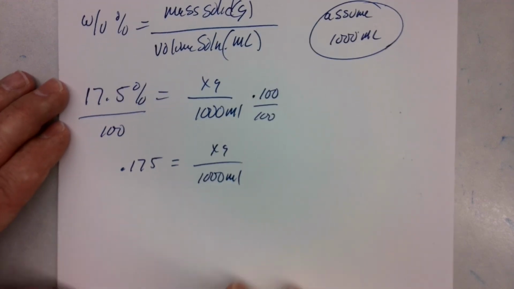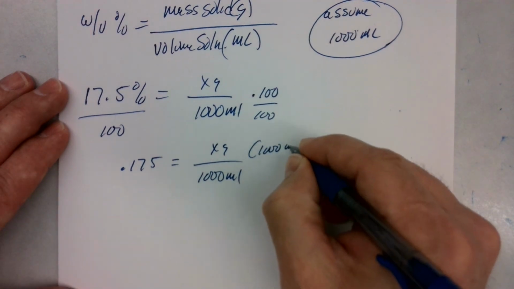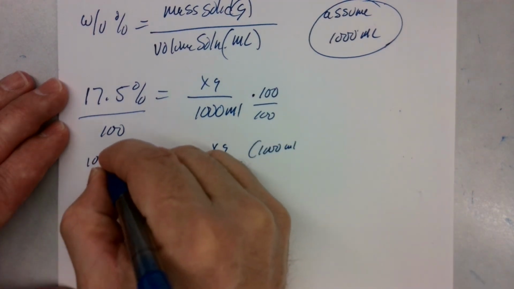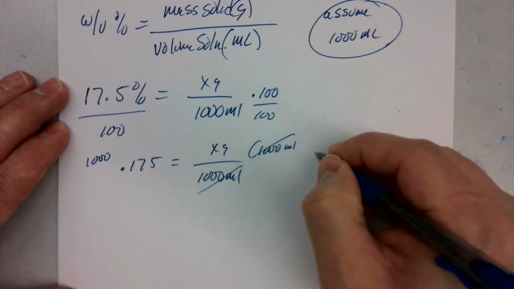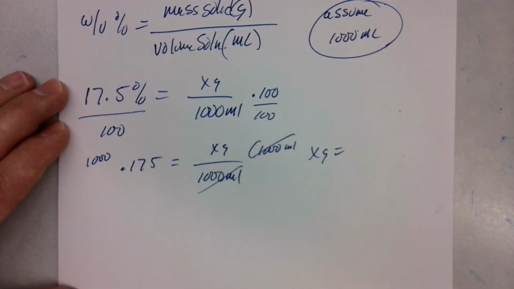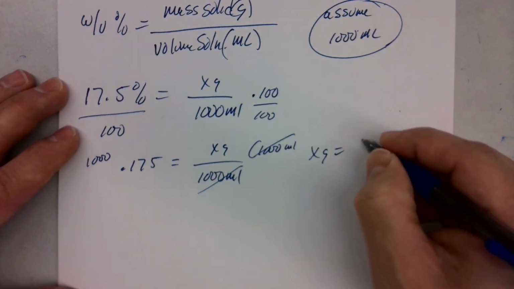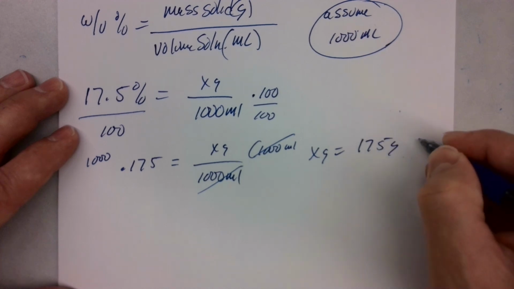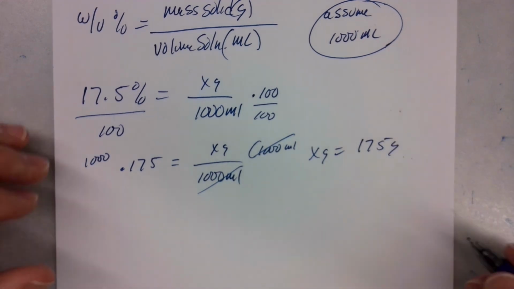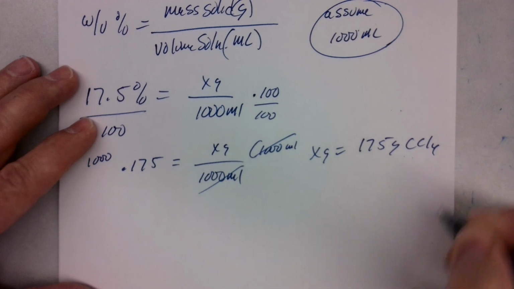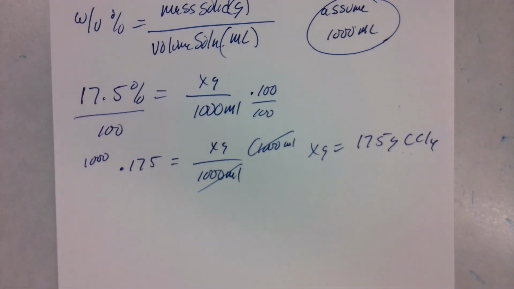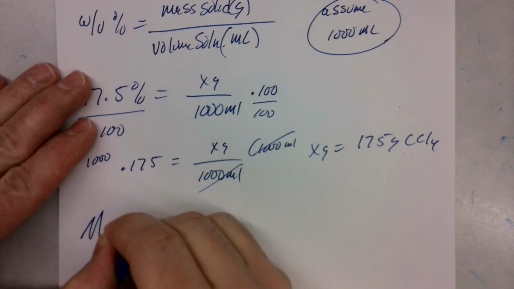And multiply by 1,000. That's going to tell me that my X grams is what? 175 grams, right? 175 grams of what, though? CCl4. Now, what did this problem ask me to find? Molarity, right? What is big M?